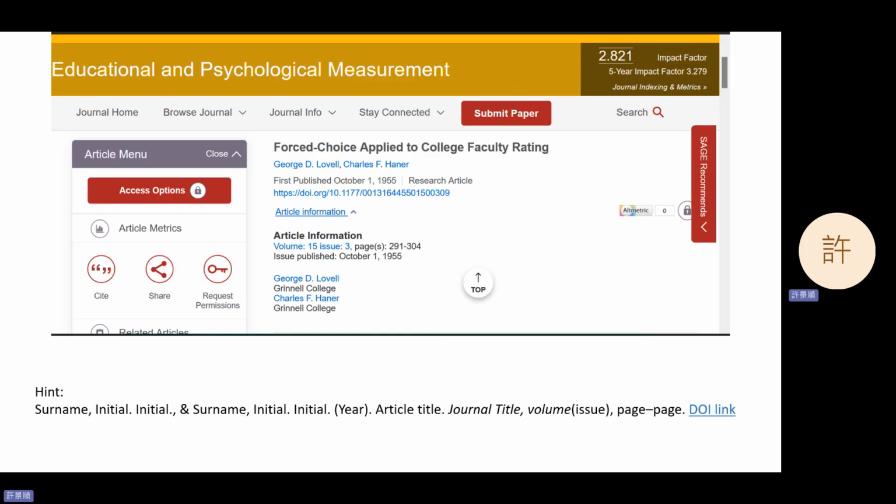Here is all of the information. Please write a correct citation. You can skip the DOI, 那个直接复制贴上。Everything else, please write a correct citation.